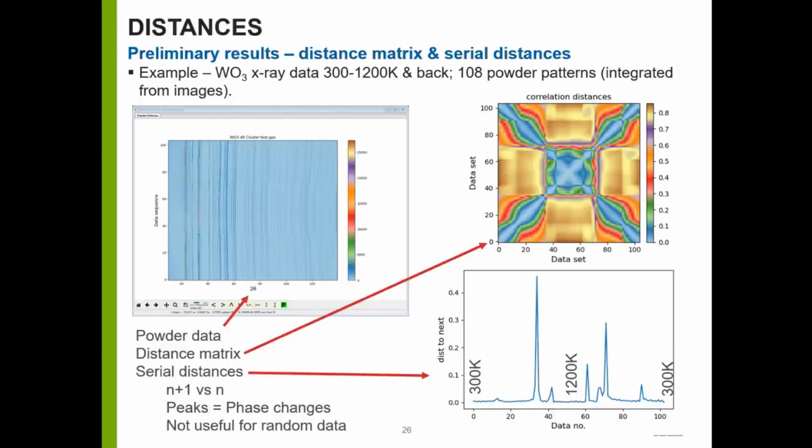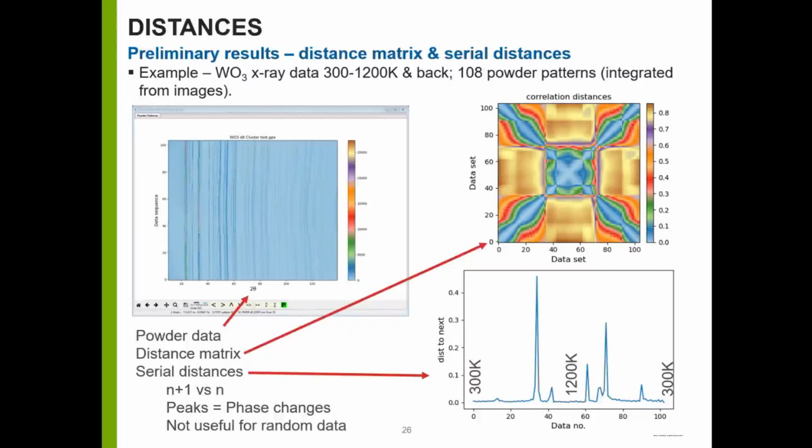And you get this similarity that data sets over here are similar to ones over here because there's the same temperature, either going up or going back down again. Right? So you might very well expect when you do cluster analysis that everything that's along here and everything that's along there is going to wind up in the same group because they're done at the same temperature, whether you're going up or down.